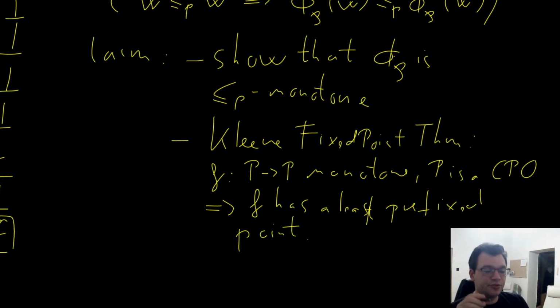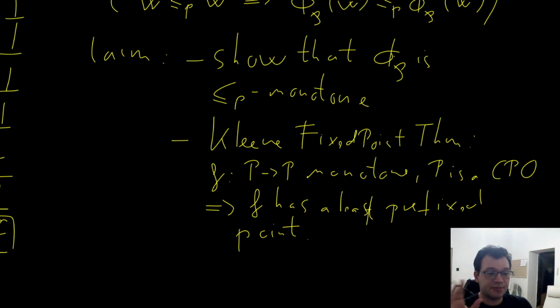And these two things together will give us the so-called Kripke-Kleene semantics of generalized logic programs, because if we have these two, then it suffices just to compute the least prefixed point of the function phi p, and we will end up with some model of the program.